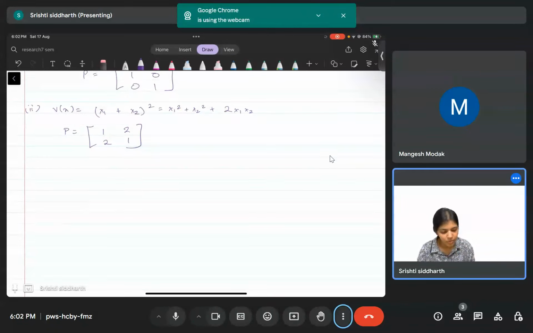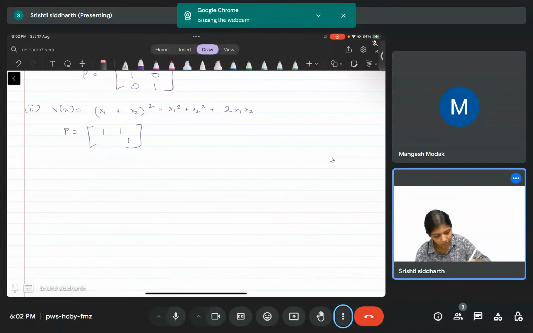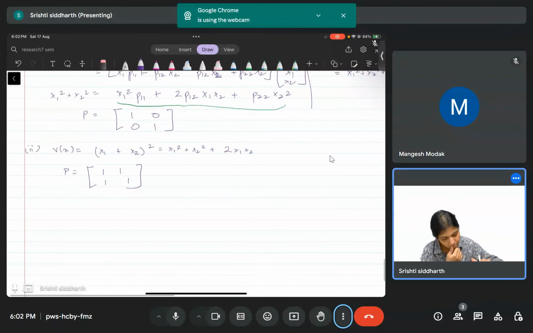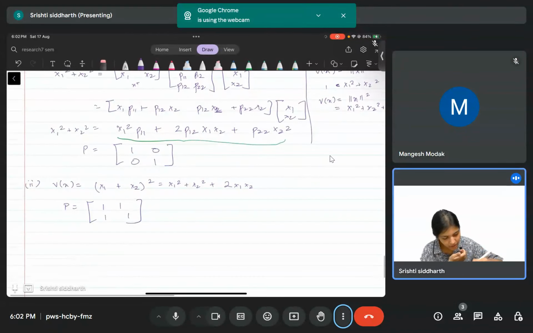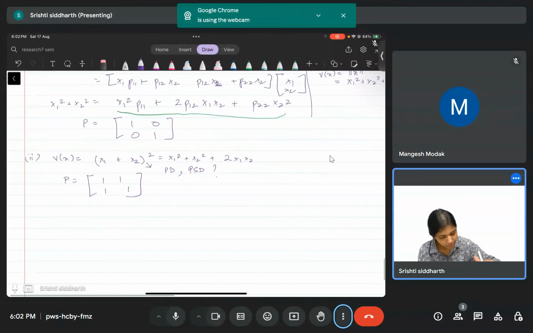Maybe negative. This is always going to be greater than 0 because this is a square, so it can never be negative definite or negative semi-definite in this question. The question is, is it positive definite or positive semi-definite? Okay, let's see.